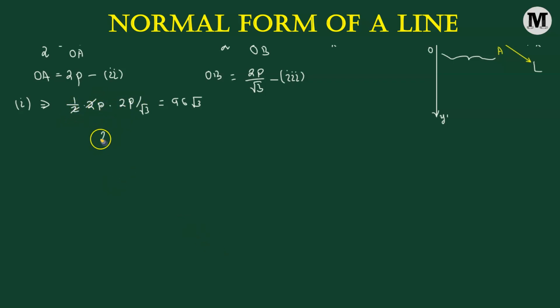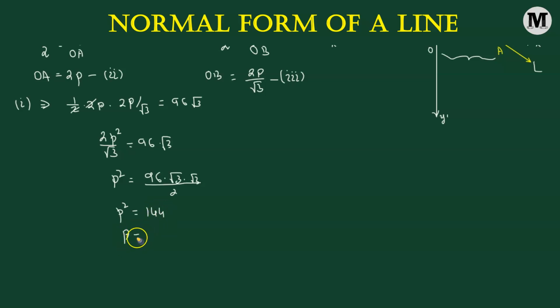P times 2p becomes 2p squared divided by square root of 3 equals 96 times square root of 3. So p squared equals 96 times square root of 3 times square root of 3, whole divided by 2.